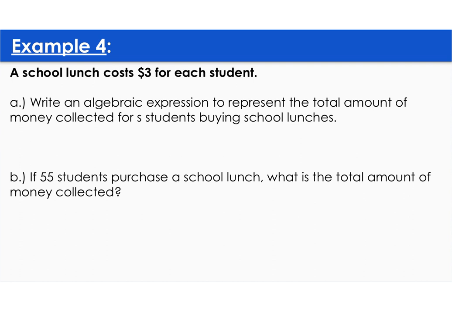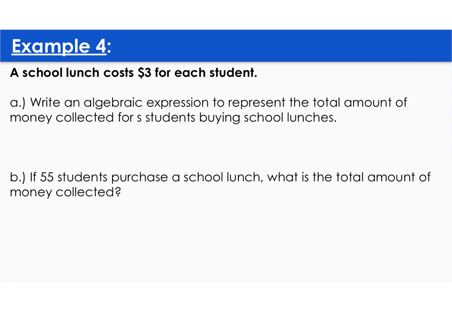Okay, school lunch costs $3 for each student. Write an algebraic expression to represent the total amount of money collected for S students buying school lunches. So if I had 2 students buy school lunch, that would be $6. Now the question is, what did I do?